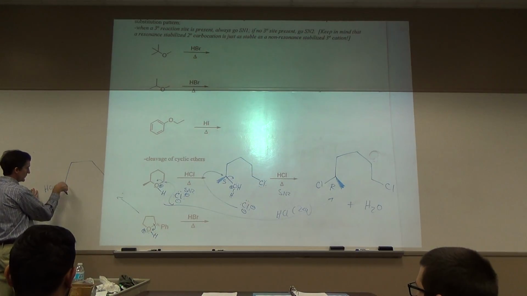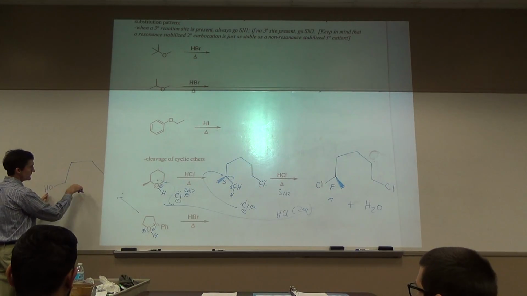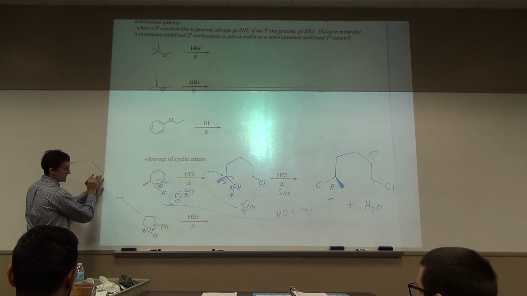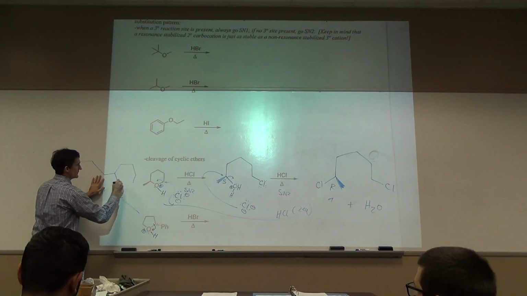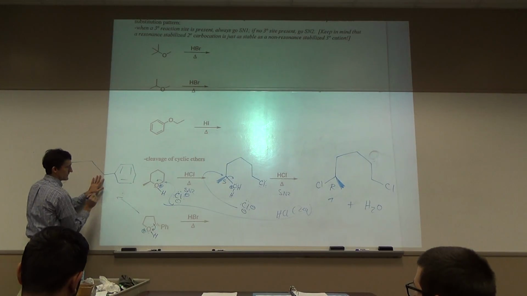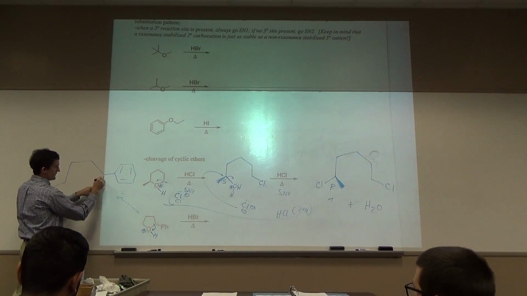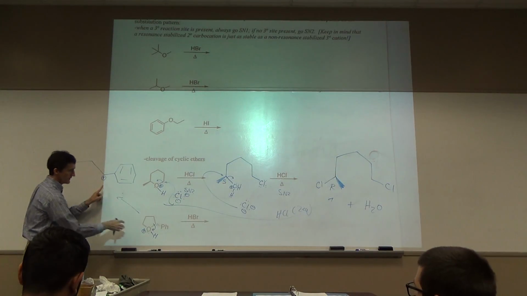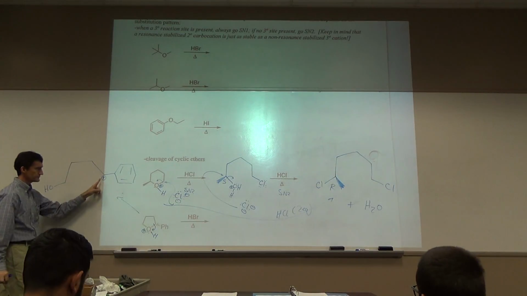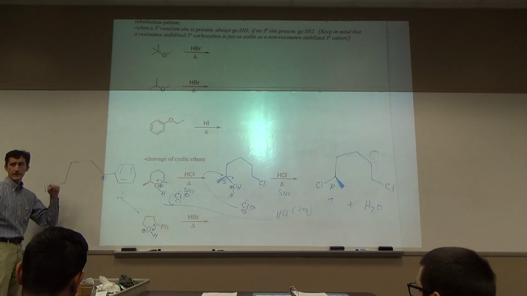It doesn't matter how you draw it; that's free rotation. That phenyl is a benzene ring. I'm going to draw out the benzene ring, and we have a carbocation. This used to be bonded there. It left, right? Carbocation. Now that's secondary.